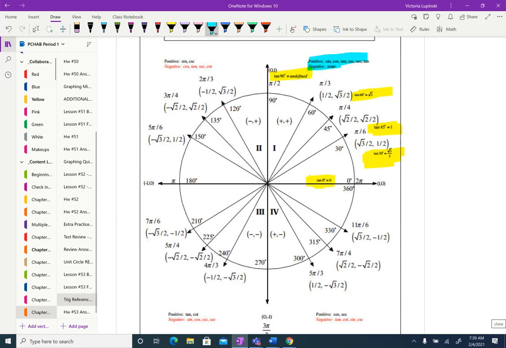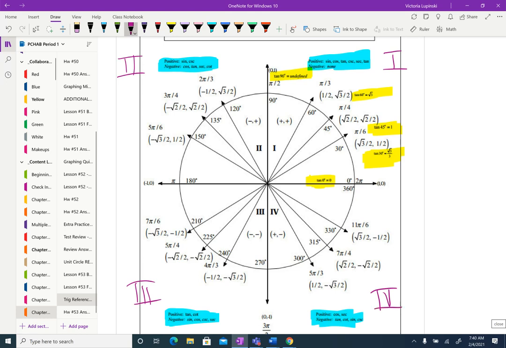Additionally, here in quadrant 1, they've reminded you of the all students take calculus, which basically tells you what is positive and what is negative. In quadrant 1, everything is positive. Here in quadrant 2, the sine and the cosecant are the only positive things and everything else is negative. In quadrant 3, it's only the tangent and the cotangent that are positive.